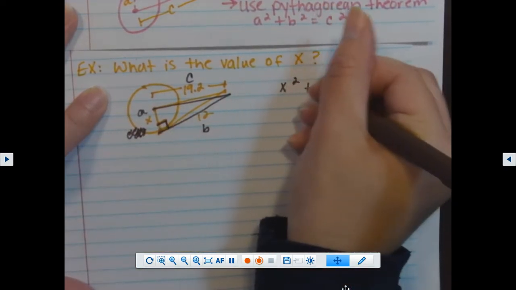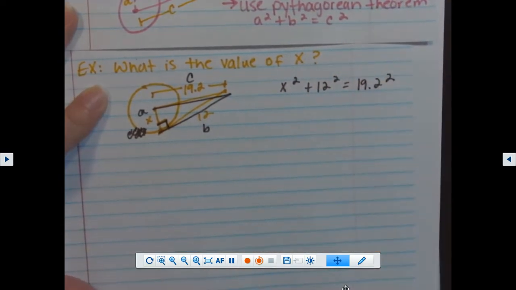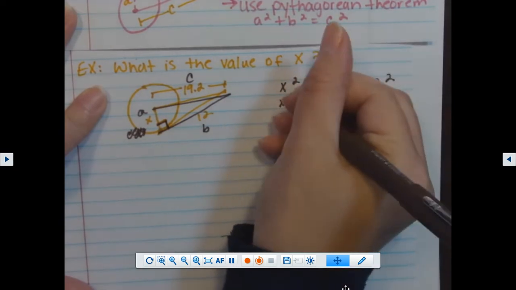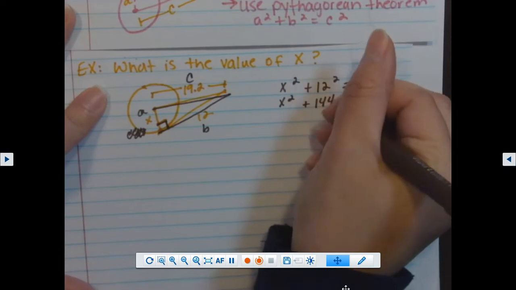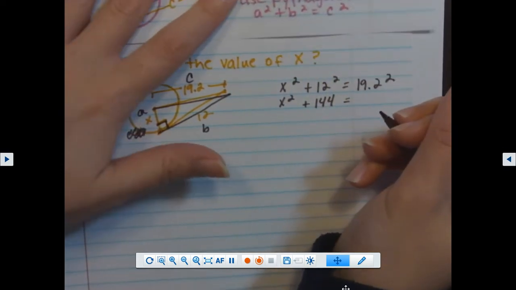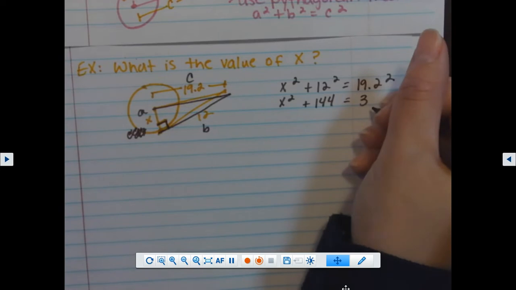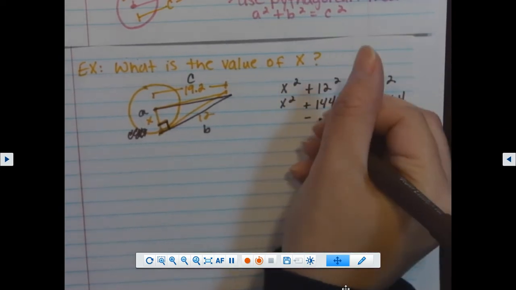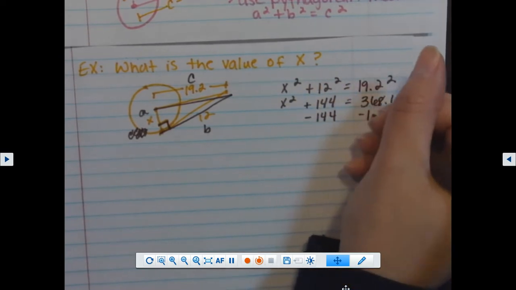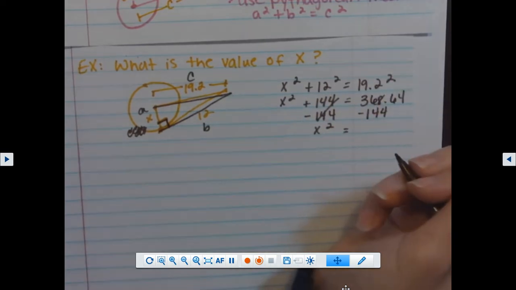Okay, so we're going to plug it in. x squared plus 12 squared equals 19.2 squared. 12 times 12 is 144. 19.2 times 19.2 is 368.64. Subtract 144 from both sides, bring down the x squared.